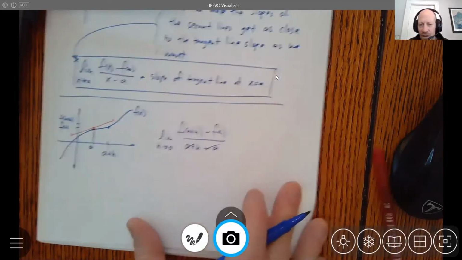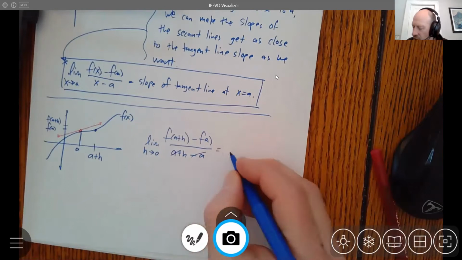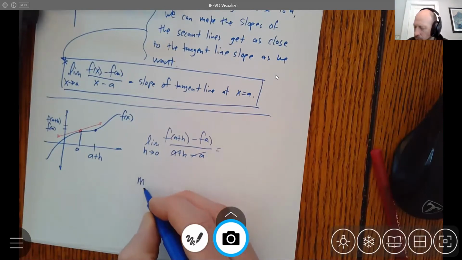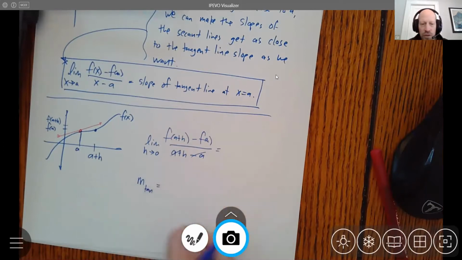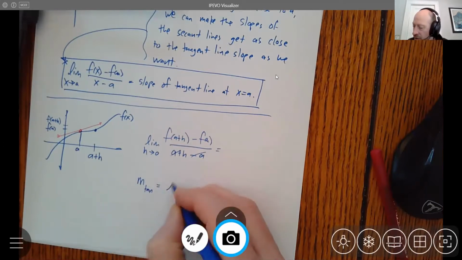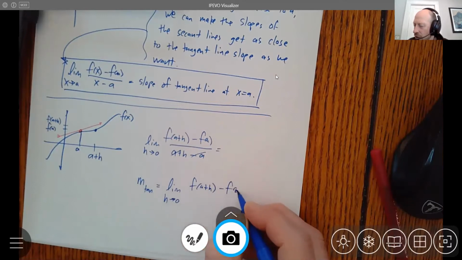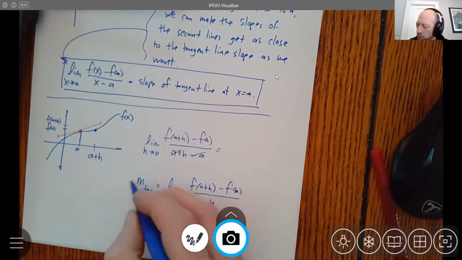The plus a and the minus a cancel. So this is also another definition. So m tangent, the slope of the tangent line, is defined as the limit as h goes to 0 of f of a plus h minus f of a all over h.